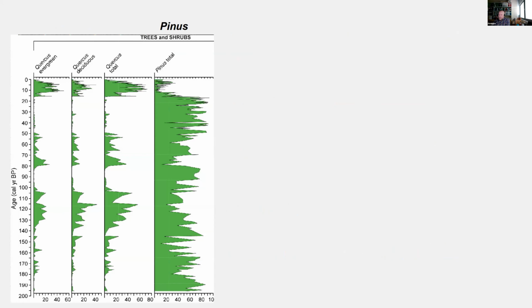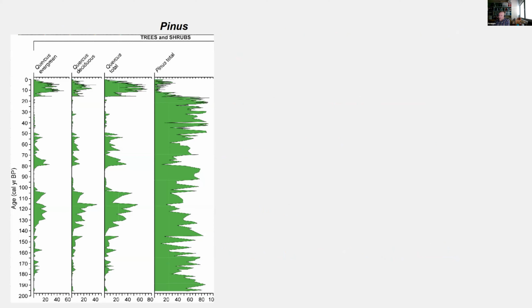And here is the critical thing. When you look at the pollen diagram like this and you make a climate reconstruction, you see it's dominated by few pollen types, and these types will drive the reconstruction. So Pinus here is very dominant, has values between 60, 80, 90%, and that's very high.